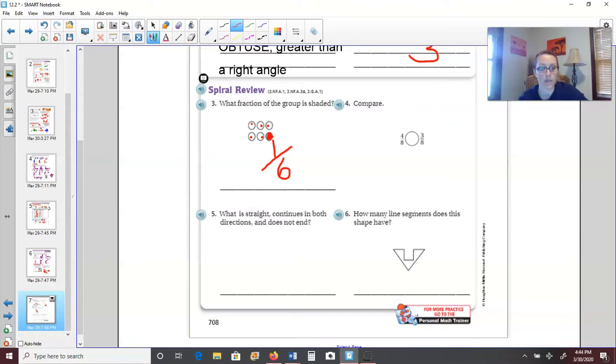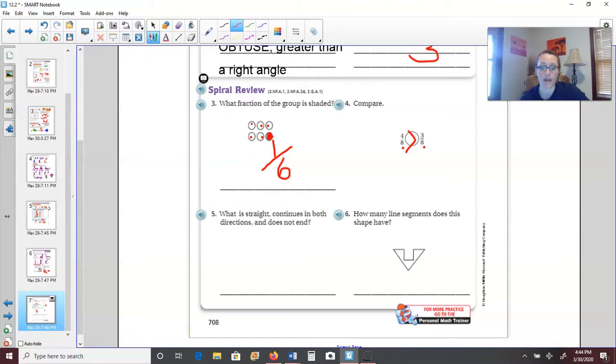Ooh, 4/8 compared to 3/8. All right, this is a good one. Our denominators are the same, boys and girls. So think of a pizza, 2 pizzas cut into 8 slices each. You eat 4 out of those 8 slices, and your friend only eats 3. So 4 is greater than 3. 4/8 is greater than 3/8.